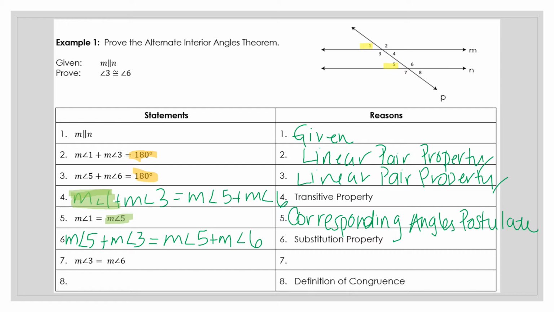Now you'll see we have the measure of angle 5 on both sides, and that's a good thing because we can subtract the measure of angle 5 on both sides, which eliminates it altogether, leaving the measure of angle 3 equals the measure of angle 6. So we are going to do subtraction.